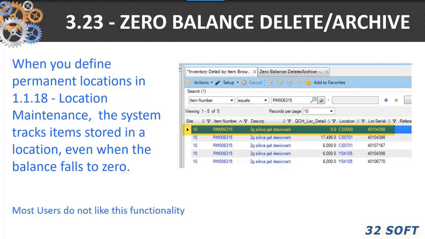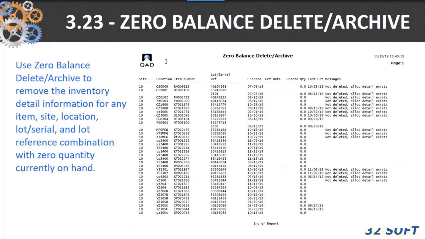Users typically don't like this because it gives you zero quantity on hand in the detailed information on inventory. So what you need to do then is to run the 3.23 zero balance, delete, and archive, and this will basically get rid of all of those. It does cause some issues with how allocations are handled, but you can clean up those zero balances by using the 3.23.